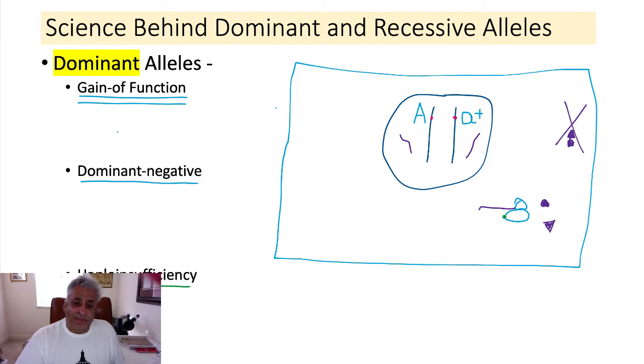So let's go back and explain this. Let's get rid of what we don't need. Let's get rid of these triangular proteins. Let's get rid of the RNA. And let's go back to this exact same situation. So what it's going to entail is that the A allele, the big dominant allele, is broken. So it doesn't produce RNA and it doesn't produce protein.